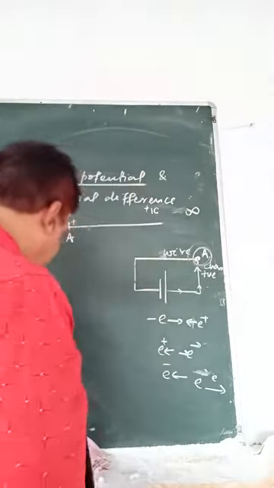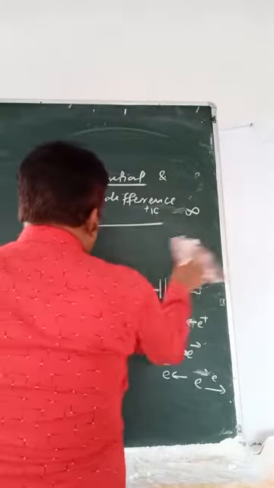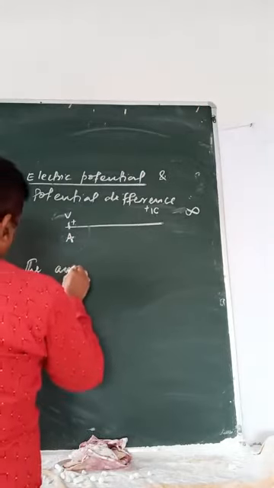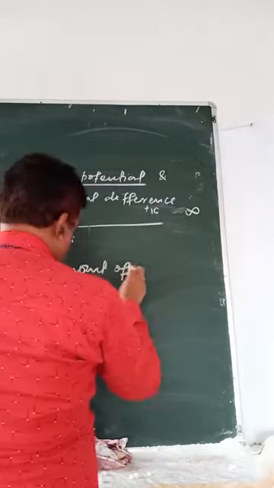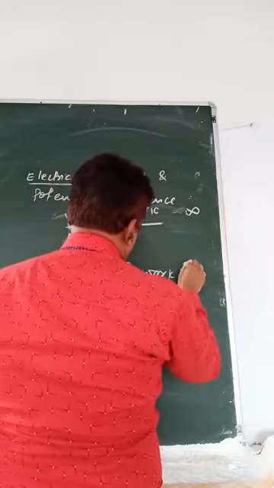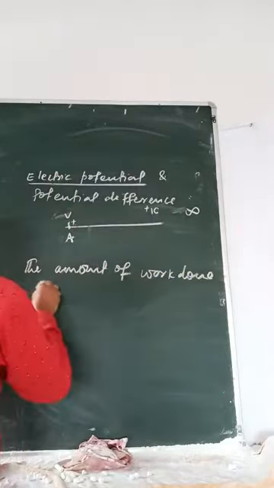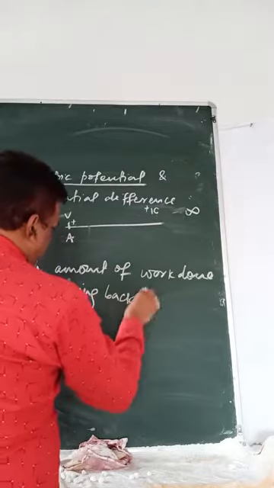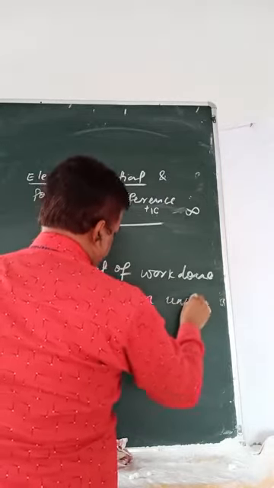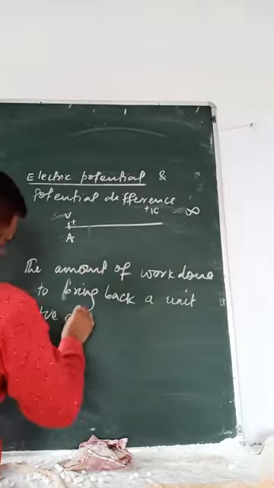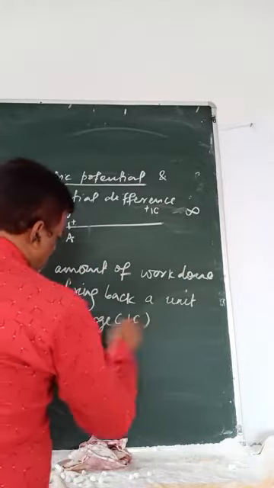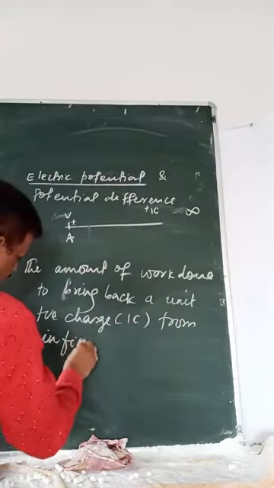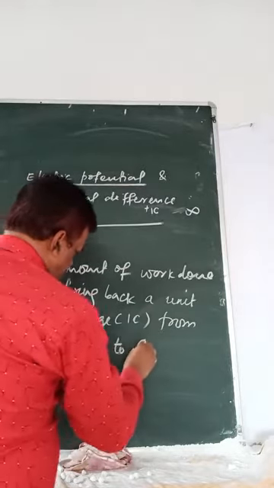So you can write down: the amount of work done to bring back a unit positive charge, that is 1 coulomb, from infinity to a particular point.